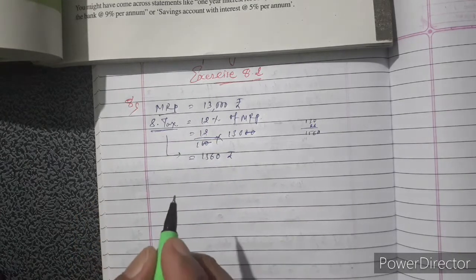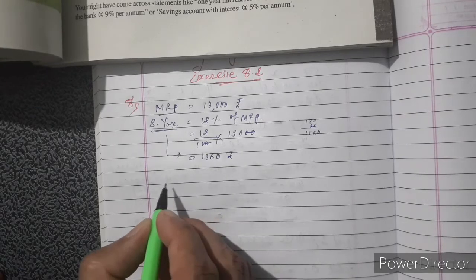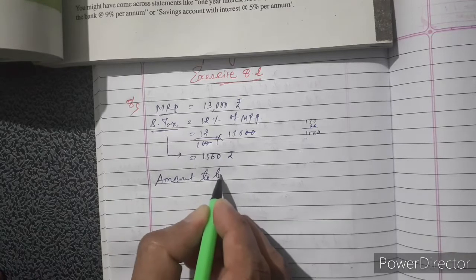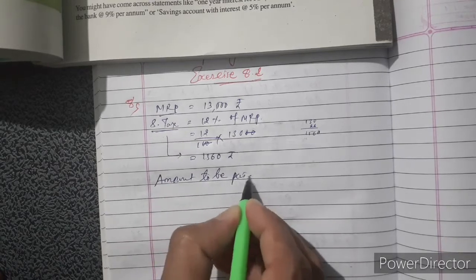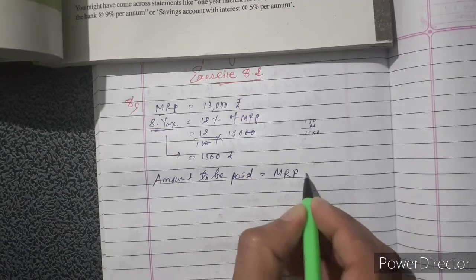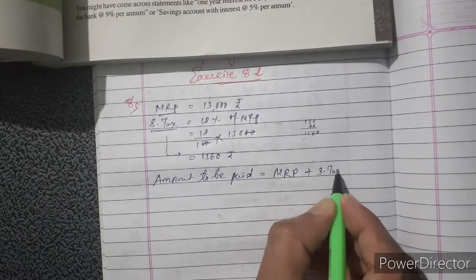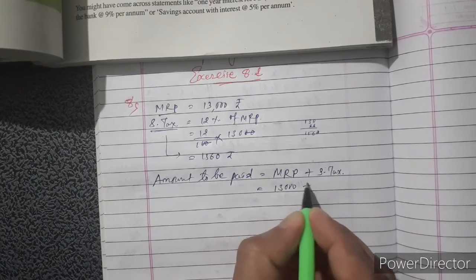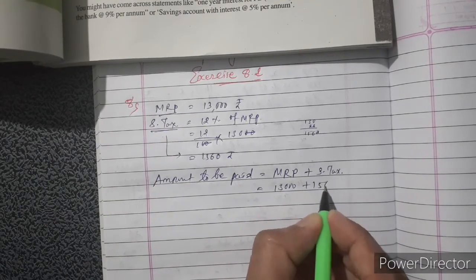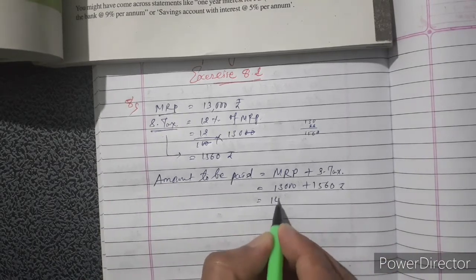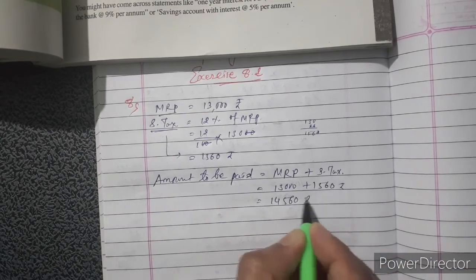So here the amount to be paid equals MRP plus sales tax, which is 13,000 plus 1,560 rupees, and the addition of that is 14,560 rupees.